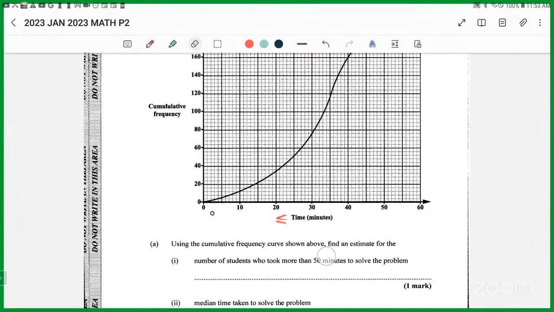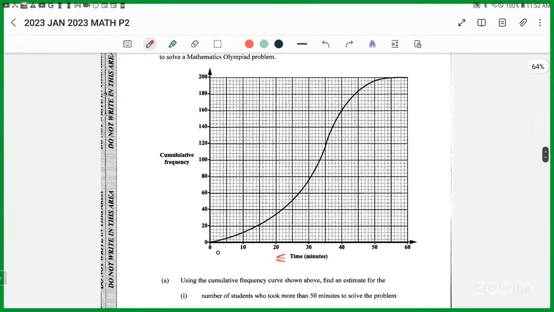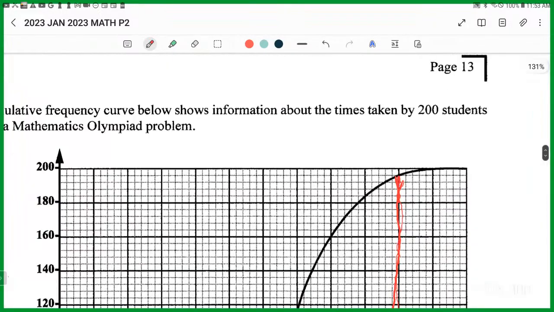All right. So what you want to do? You want to come out to 50 here and read that 50 up on the graph, up to here. That's the 50 line. And 50 takes you right up to here, and then you come across and read it on here.